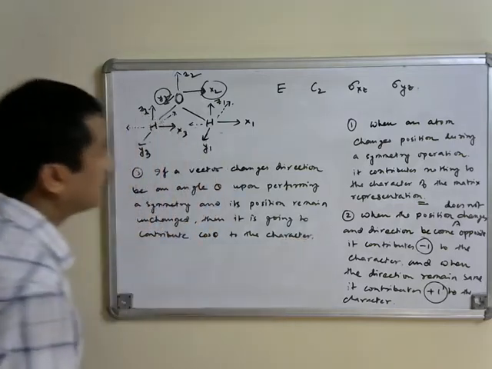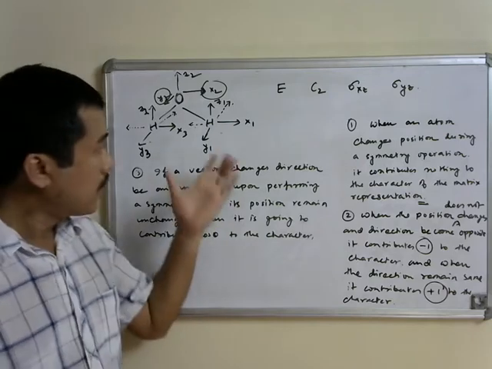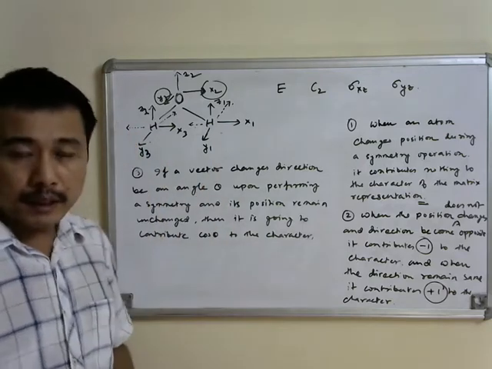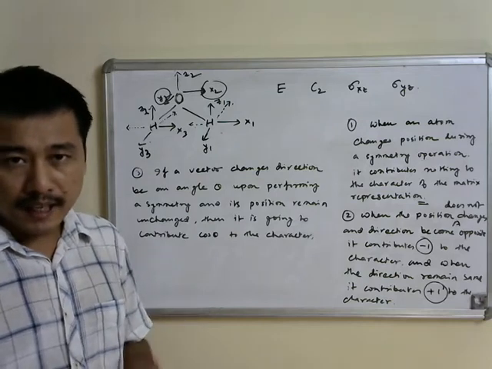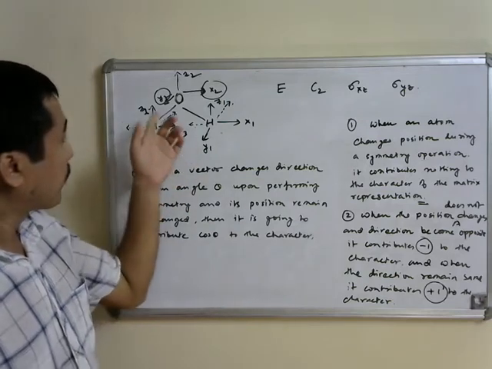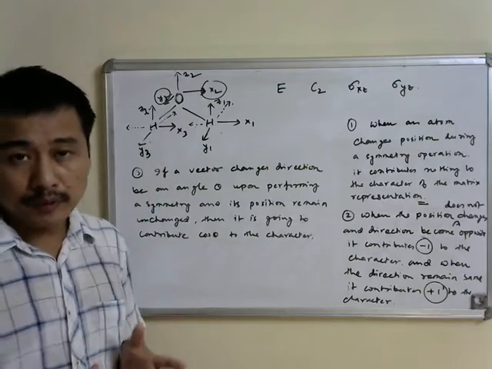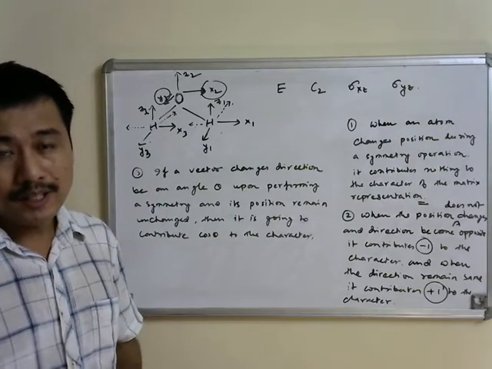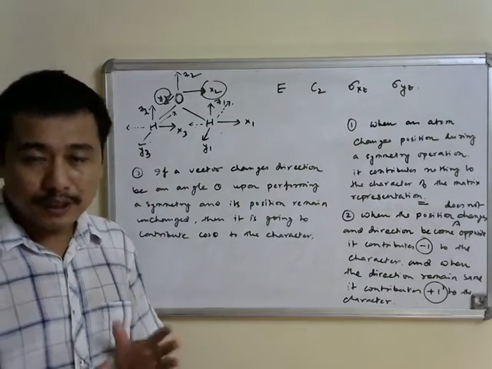So what we see here, when we did the identity operation, you may recollect that the character of the matrix for the identity operation is equal to 9. Each of the atoms did not change position when we did the identity operation, and the direction of each of these displacement vectors also did not change.